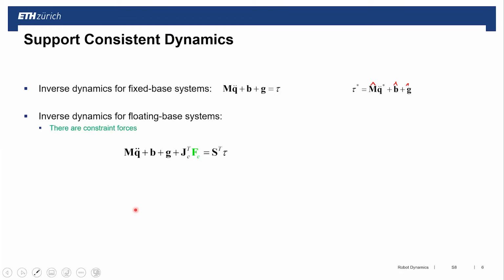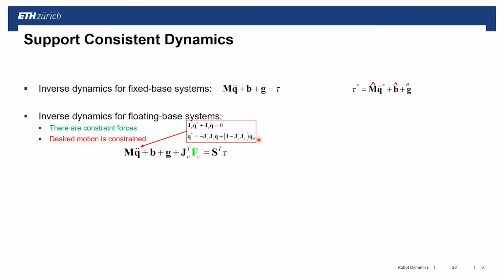So there are two things which are special here, as I said, constraint forces. And the second thing which is special is that while here I can arbitrarily select my q double dot, there are no other constraints. Here, my q double dot has to be consistent with the contacts. So in other words, I have a contact constraint which limits my q double dot star to be consistent with this constraint.